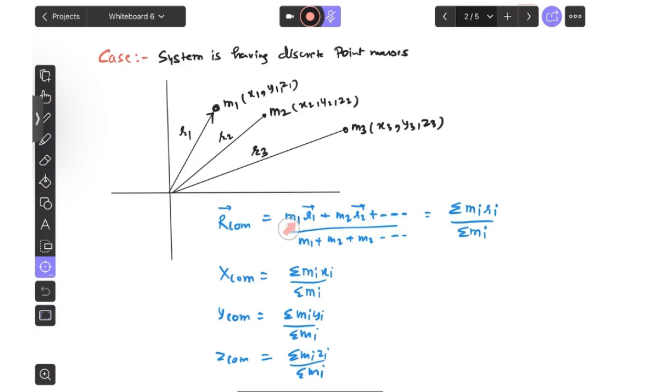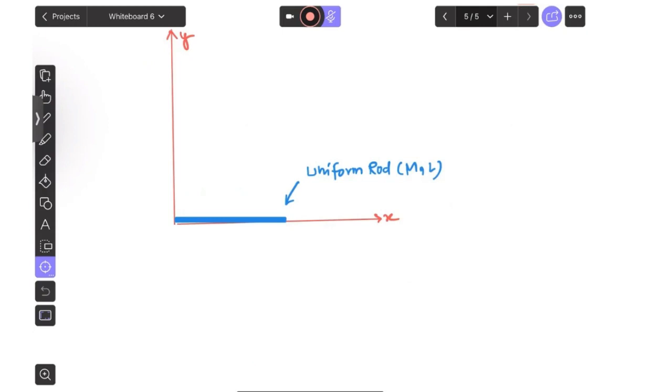We multiplied the individual masses with their position vectors and then divided by the total mass. Similarly we do the same thing here, just instead of adding up manually, we'll do the addition using integration.